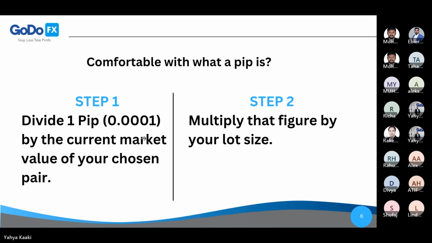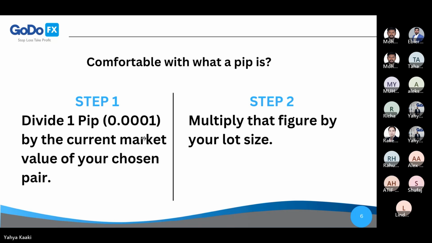Step 2, multiply that figure by your lot size. Now, this example allows us to say that Euro USD price is currently at 1.5510, and your lot size is a mini lot or 10,000. When we say mini lot or 10,000, one lot is equal to 100,000.